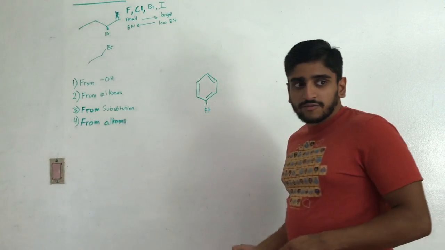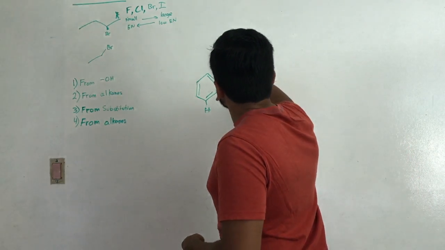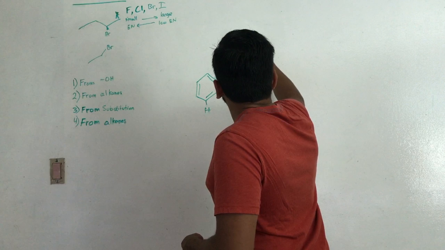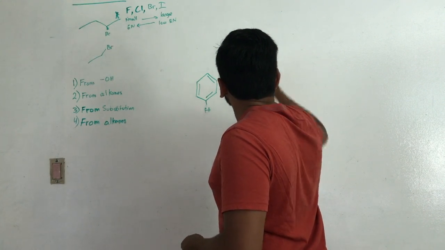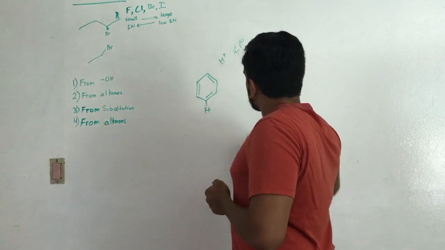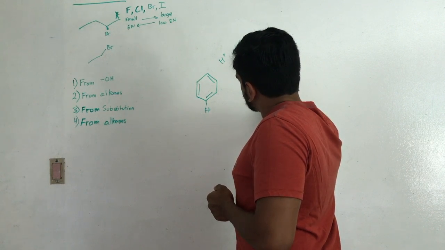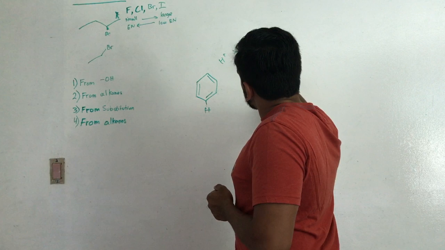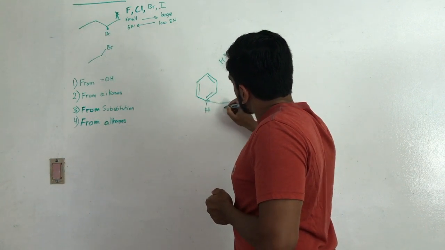We're trying to substitute it for chlorine. What you need in this reaction is, first of all, a lot of hydrochloric acid. So what happens is you end up with chlorine coming and attacking here.